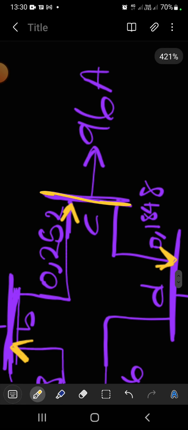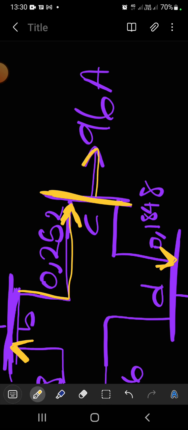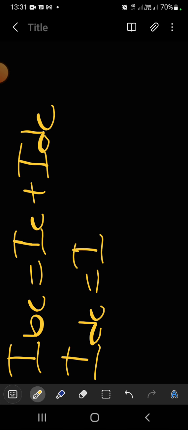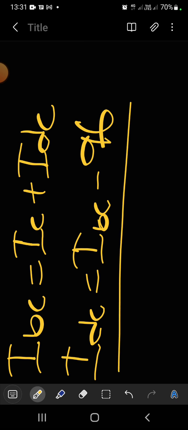BC is entering, and then C is leaving, and CD is also leaving, right? That is why I said IBC is equal to IC plus IDC, right? Now I'm gonna manipulate the formula, make DC the subject of the formula, and substitute the value of IC, meaning IDC is equal to IBC minus 96. Good.